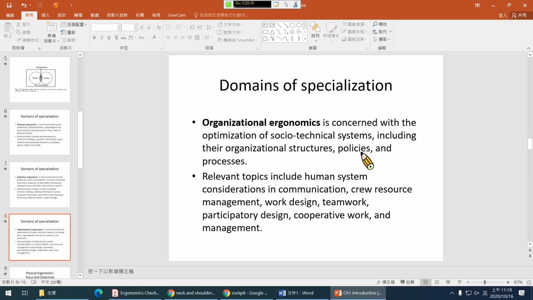So this is the kind of situation, decision making. Teamwork. Again, teamwork, right? Cooperative work.